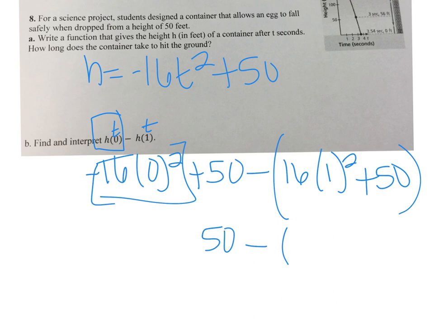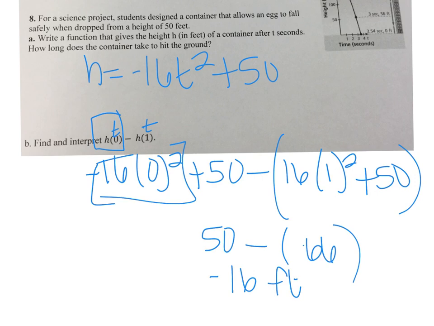So negative 16 plus 50 is your 34, and 50 minus 34 gives your final answer of 16, which means that's how much it fell, 16 feet. From the original height at time 0 to the height after 1 second, it has fallen 16 feet.